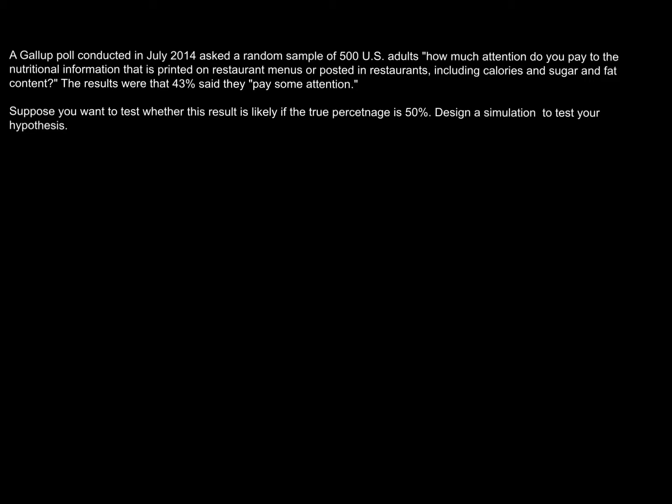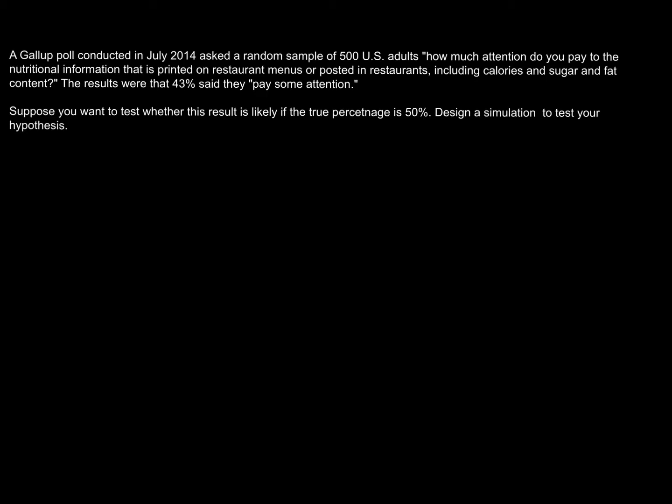So a Gallup poll, which is a national polling service, conducted in July 2014, asked a random sample of 500 U.S. adults, how much attention do you pay to the nutritional information that is printed on restaurant menus or posted in restaurants, including calories and sugar and fat content? The results came back and said that 43% claimed they pay some attention.